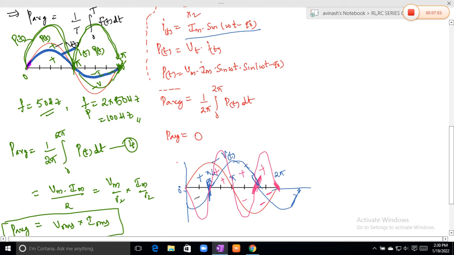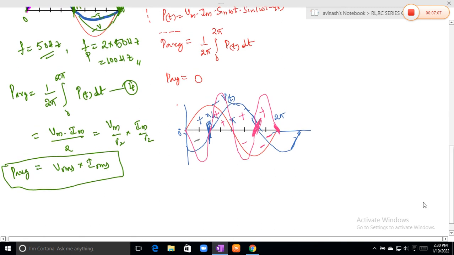So this is the power waveform, this will be V of t, and this will be I of t. Hope you understand this point. Next, average power: if you simplify this, the average power will be 0. Thank you.